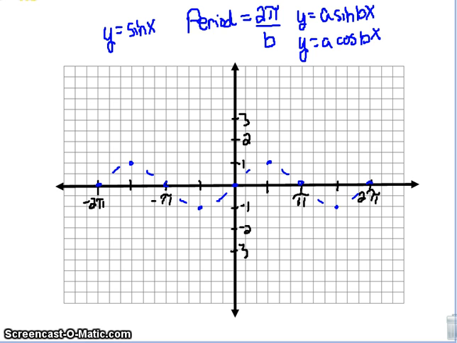Now, if we want to graph y equals the sine of 2x, then my period is going to be 2 pi divided by what? 2. And those 2's are obviously going to cancel. And so now my period is just pi.